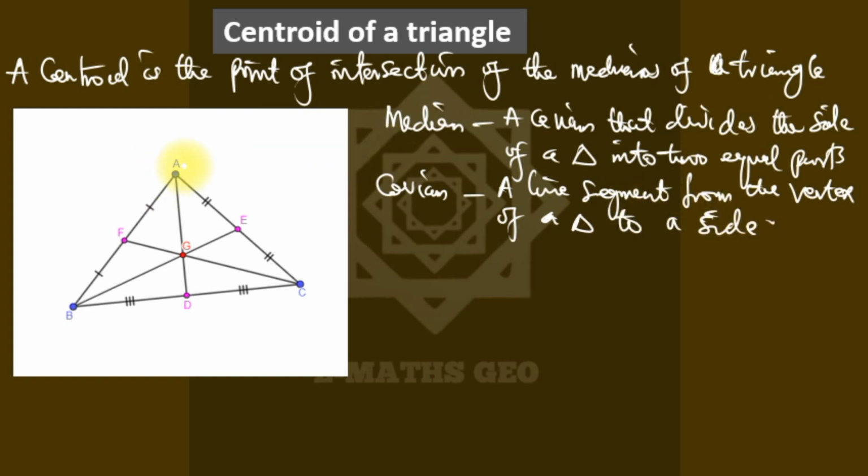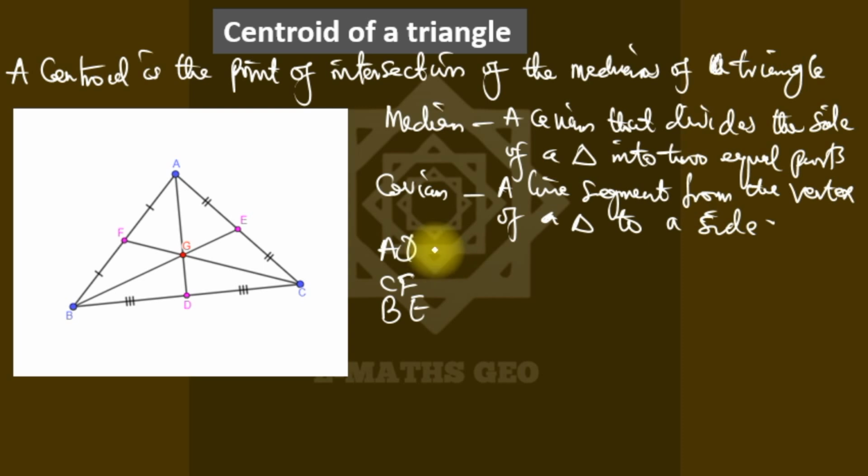So that's it. As you can see, AD, CF, and BE, they are all Cevians by the definition, because they run from the vertex to the side of the triangle.